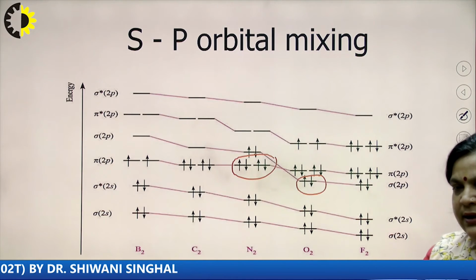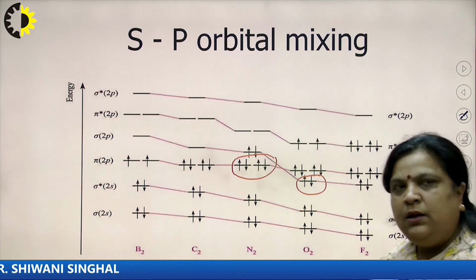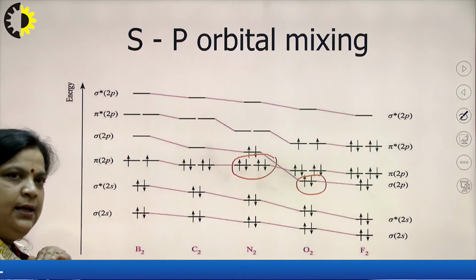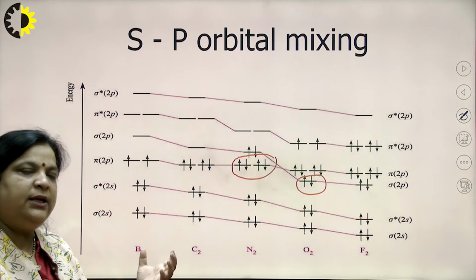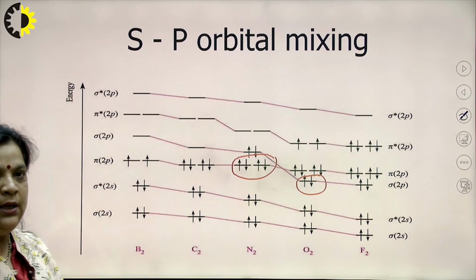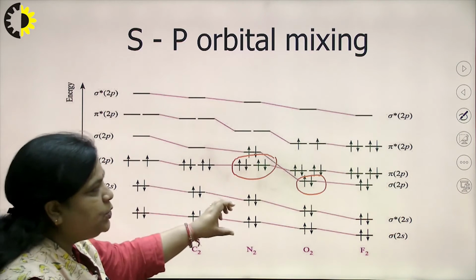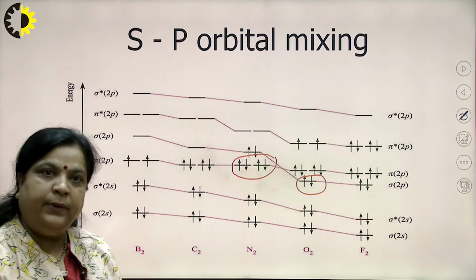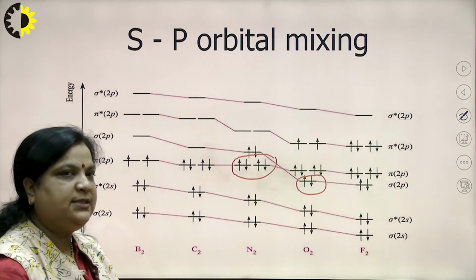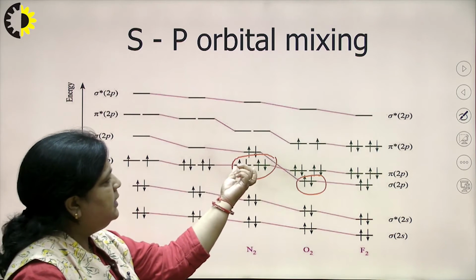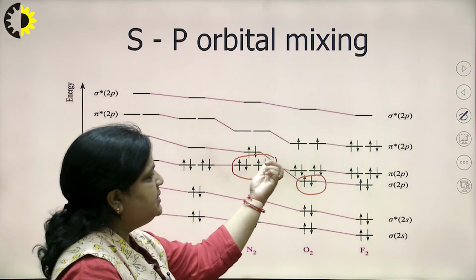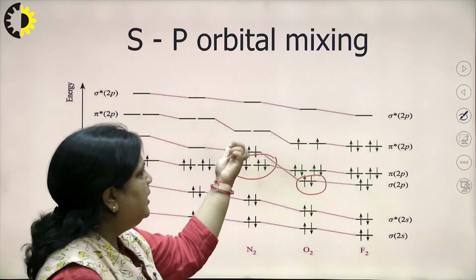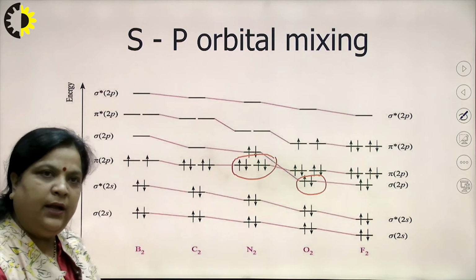The reason is that up to nitrogen, the gap between 2s and 2p orbitals is comparatively less. When the molecular orbitals get formed, they get intermixed. Since the gap is less up to nitrogen, there will be a mixing of s and p orbitals. So, after mixing, this pi 2py and pi 2pz acquire lower energy than sigma 2px.